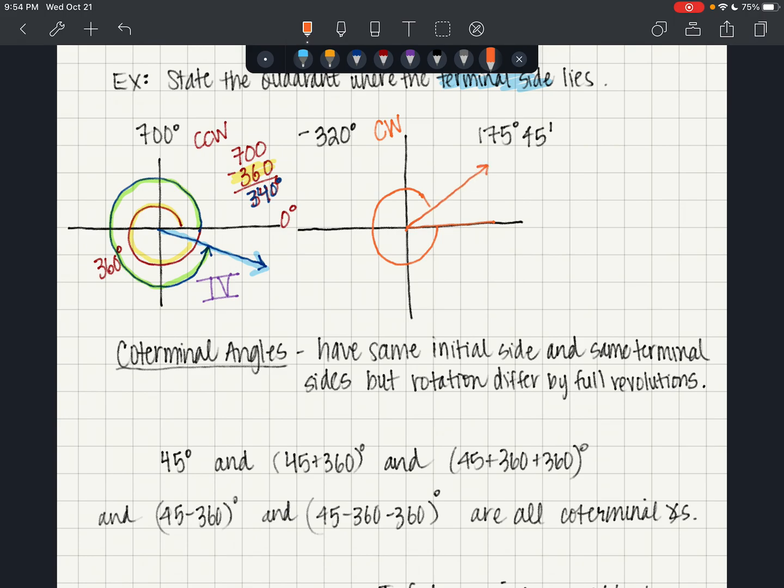So this is about 40 degrees. This other turn is about 320 degrees. 320 plus 40 is 360. But because we're going clockwise, this is negative 320 degrees. Negative shows the direction. So that means this terminal side lies in quadrant 1. So the terminal side of the angle lies in quadrant 1.